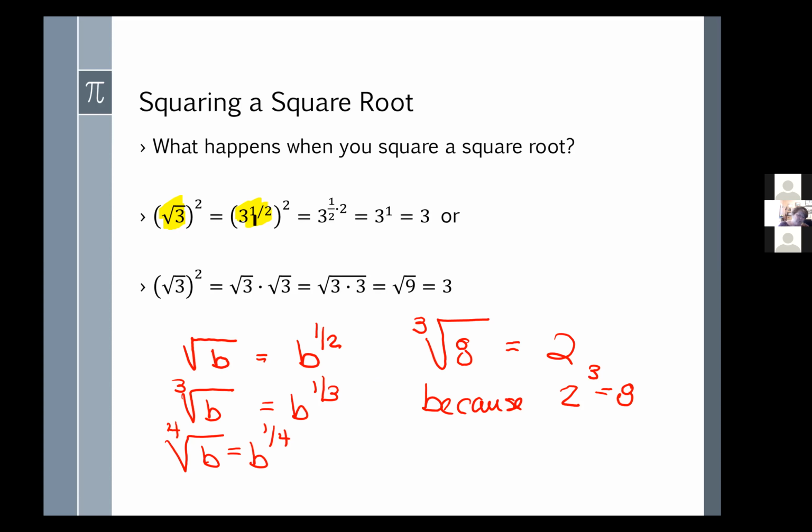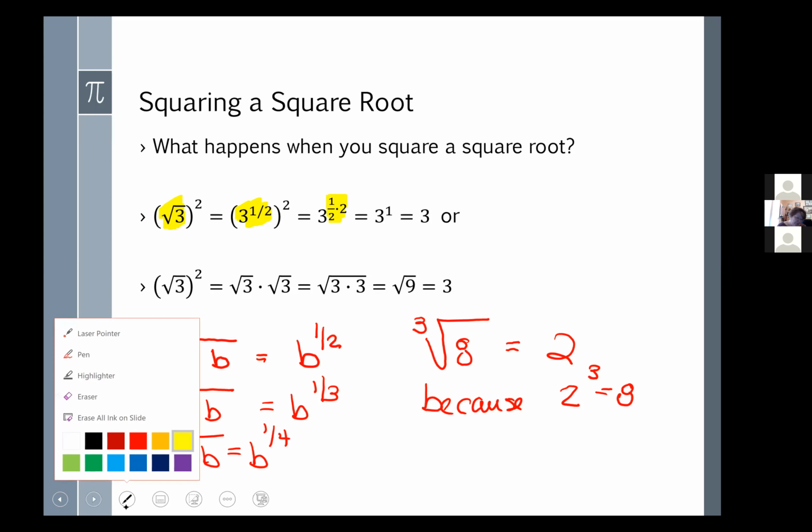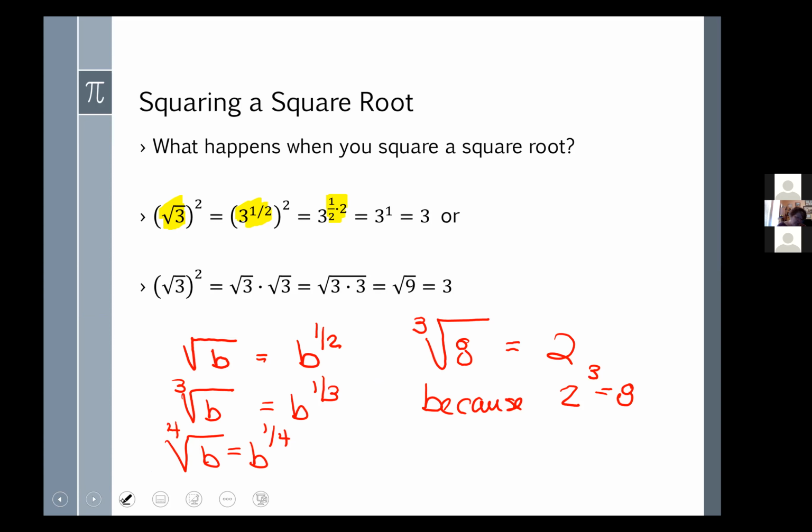But 1/2 and 2 are reciprocals. Now, what's the definition of a reciprocal? A reciprocal is the number that when you multiply it by a number, you get 1. So why are 1/2 and 2 reciprocals of each other?